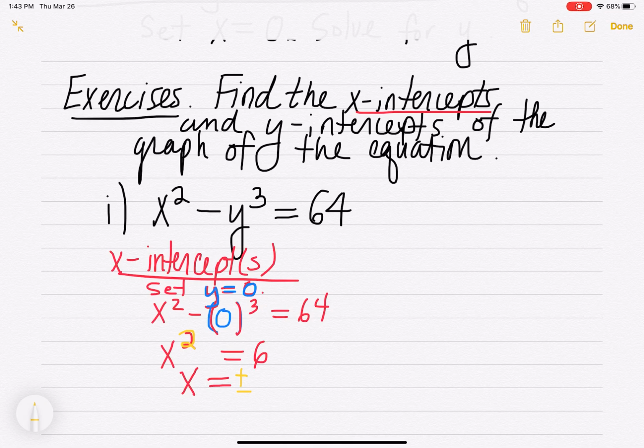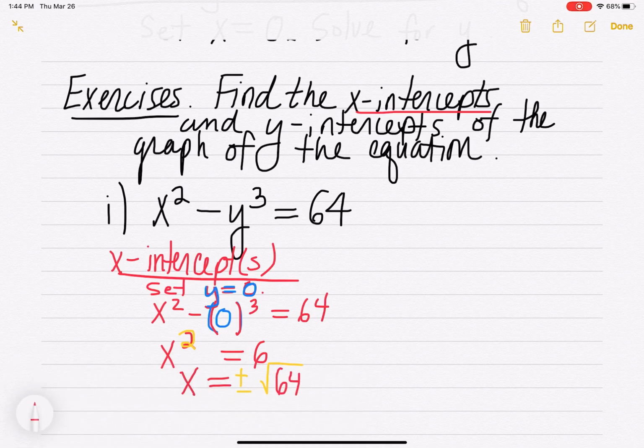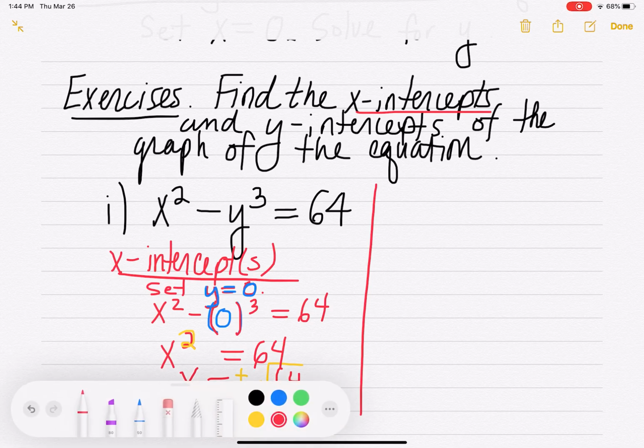Since you had a square, it's going to be plus minus the square root of 64. So x equals plus minus the square root of 64. That's going to be plus minus 8. So that means there are two x-intercepts, positive 8 and negative 8.